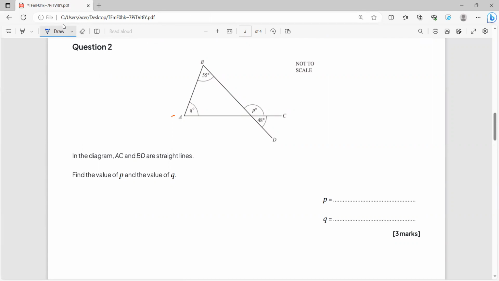So we want to find all the angles in this triangle. Can you find for me the easiest angle? What's the easiest angle? Yes, Lisa?